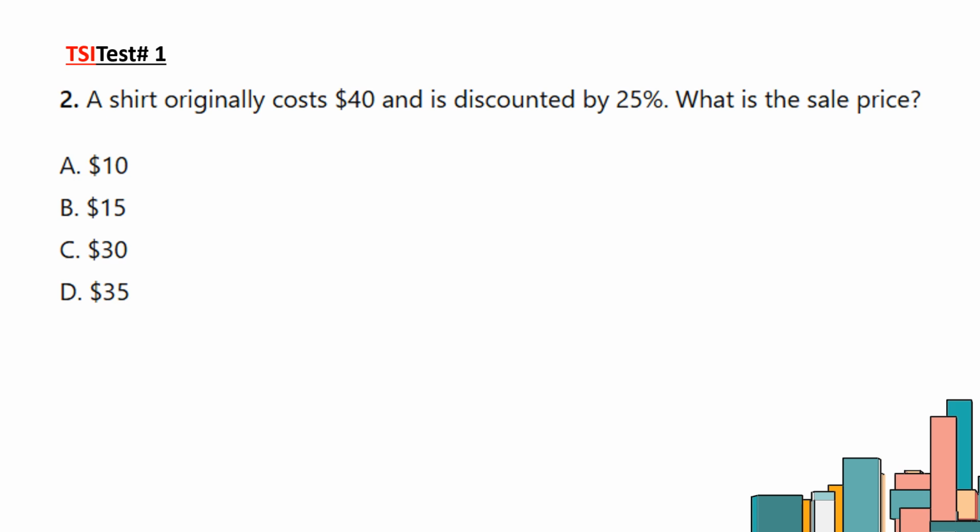Number 2, a shirt originally cost $40. It is discounted by 25%. What is the sale price? So they discount 25%, which means the sale price will be 75%.